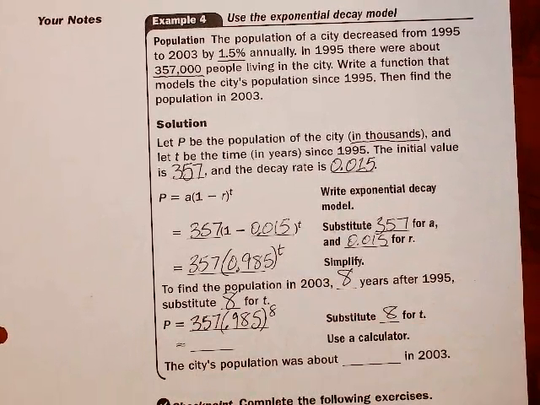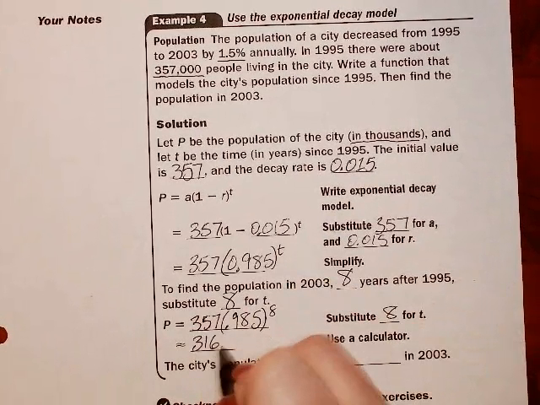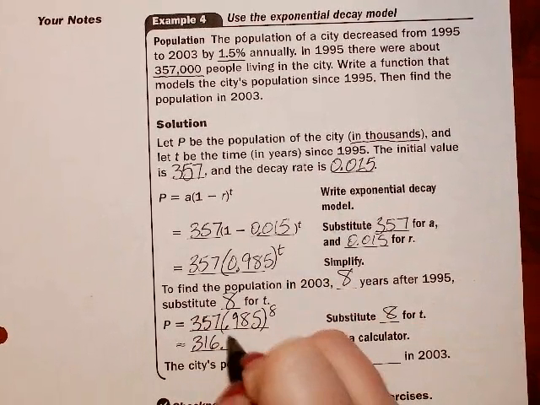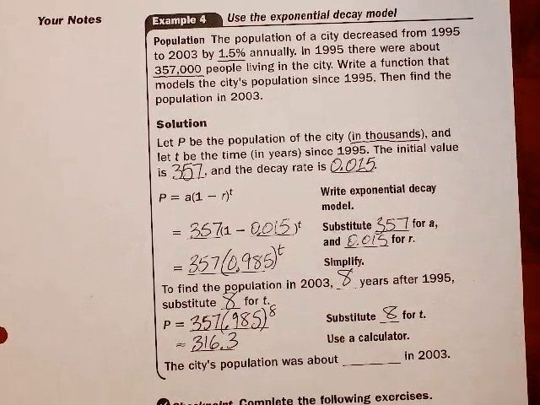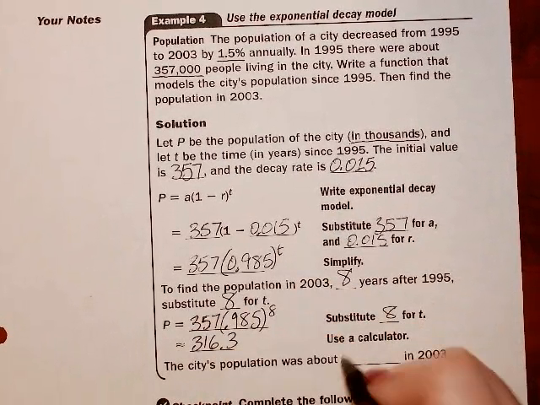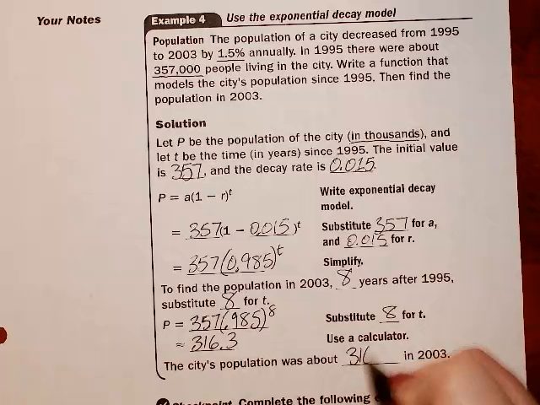So our population we get is 316.3-ish. So the city's population is going to be 316,300, as we put the thousands back in.